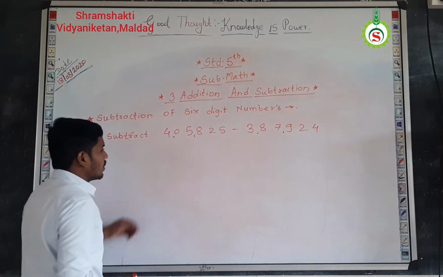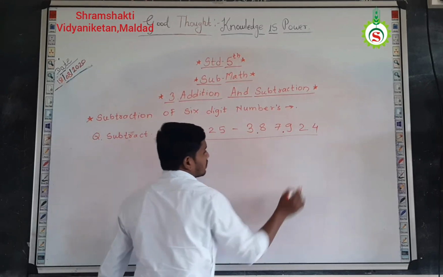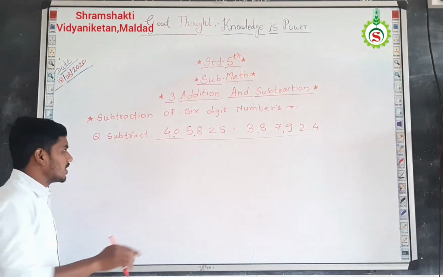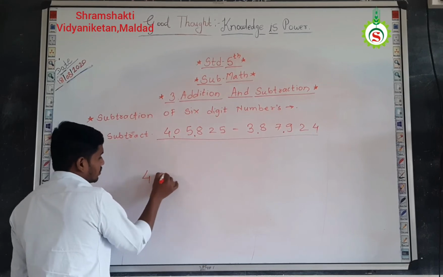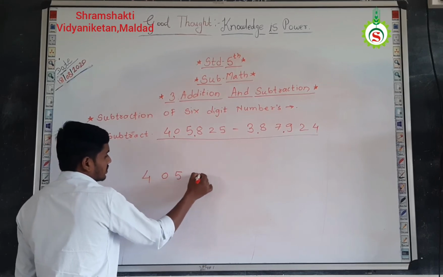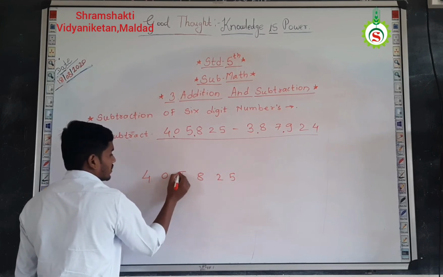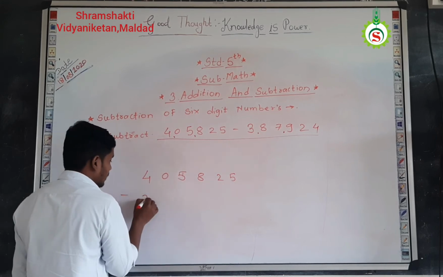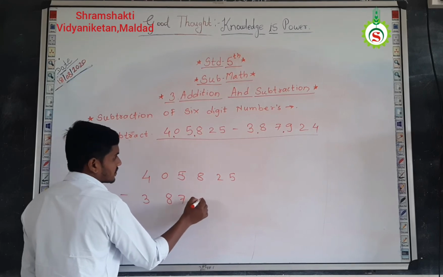Now we are going to solve that example. The example is given in horizontal manner. The first step for solving it is to arrange it in the vertical manner. The larger number I will write at the upper side: 4,05,820. And I have to subtract the next number: 3,57,920.